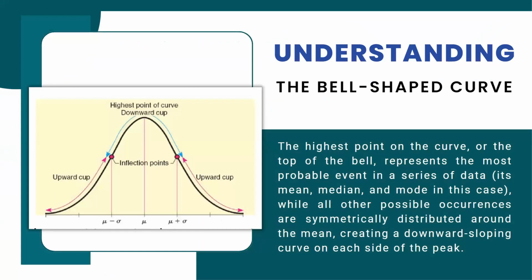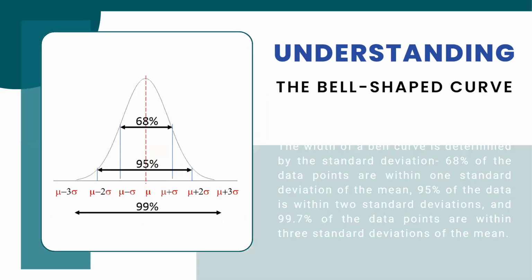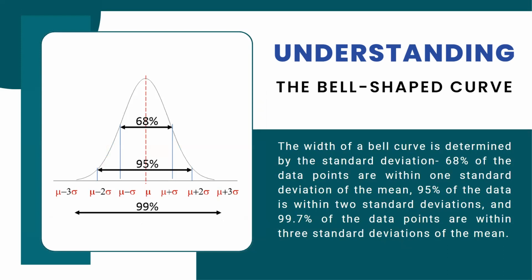The highest point on the curve, or the top of the bell, represents the most probable event in a series of data, its mean, median, and mode in this case, while all other possible occurrences are symmetrically distributed around the mean, creating a downward sloping curve on each side of the peak. The width of a bell curve is determined by the standard deviation. 68% of the data points are within one standard deviation of the mean, 95% of the data is within two standard deviations, and 99.7% of the data points are within three standard deviations of the mean.